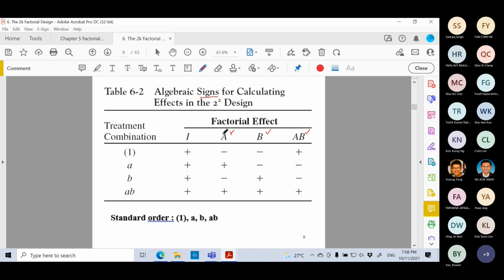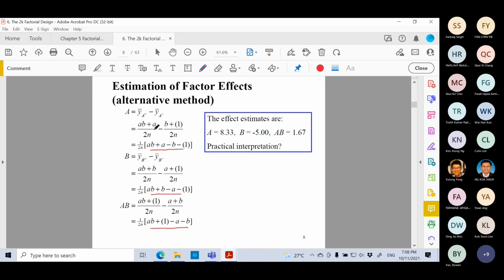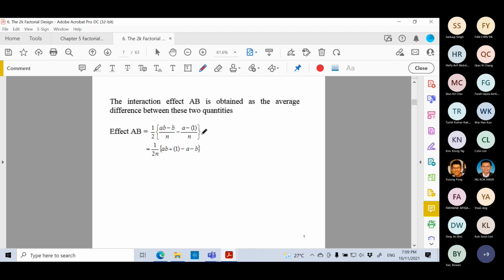Let's say for factor A: minus 1, plus A, minus B, plus AB. So you can see that it is minus 1, plus A, minus B, plus AB, which refers to this part here. This is the idea of how you get the effect.